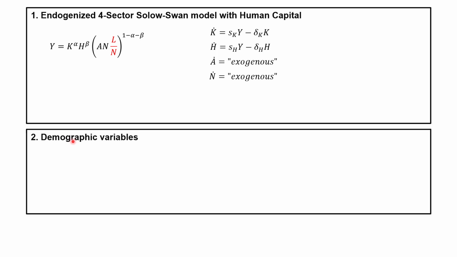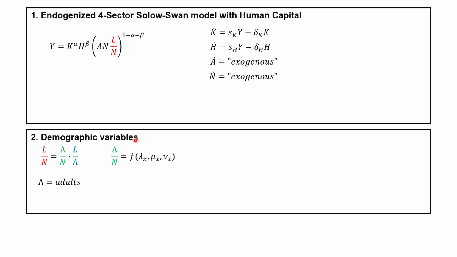So the first thing we want to do is expose a few demographic variables and insert them into our production function, thusly. And we get this little insight from the dividend hypothesis. It's a straightforward split that workers per capita is a function of adults per capita, that's uppercase lambda over total population, multiplied by labor per adult.